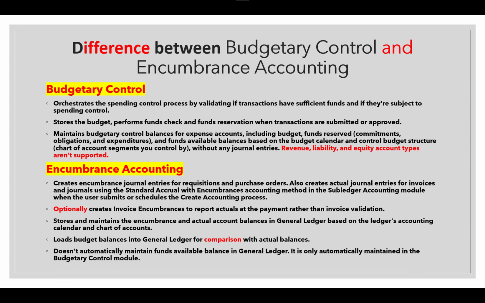It doesn't automatically maintain funds available balances in general ledger; they are only automatically maintained in the budgetary control module. In Fusion, budgetary control is a separate module. It's not related to general ledger like before in Oracle E-Business Suite, so it's maintained in the budgetary control module, not in GL.